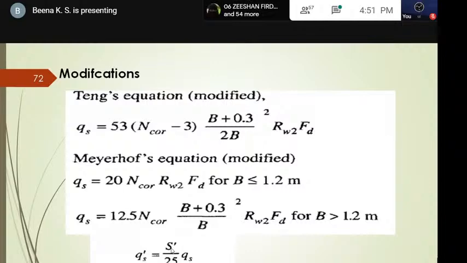That is for a net safe bearing pressure. We will find the net safe bearing pressure for an allowable settlement of, say, S dash. For 25 he has calculated, then correspondingly a linear increase he has given.